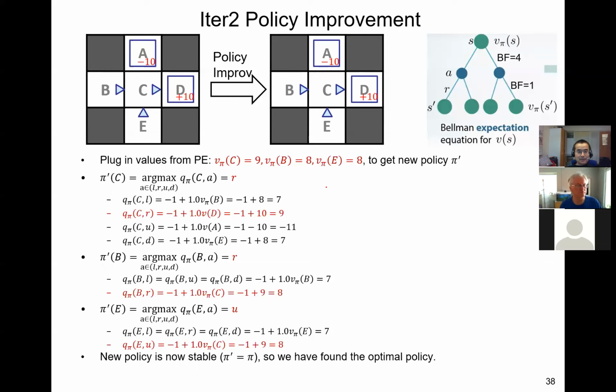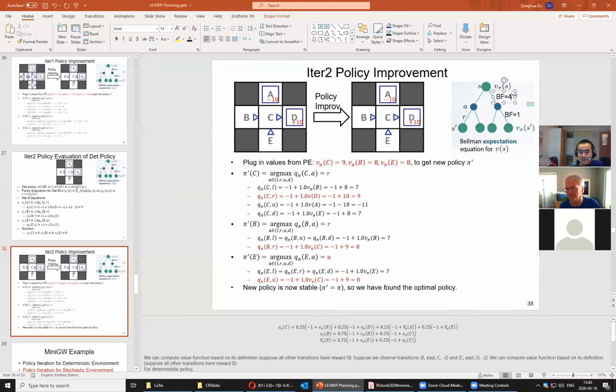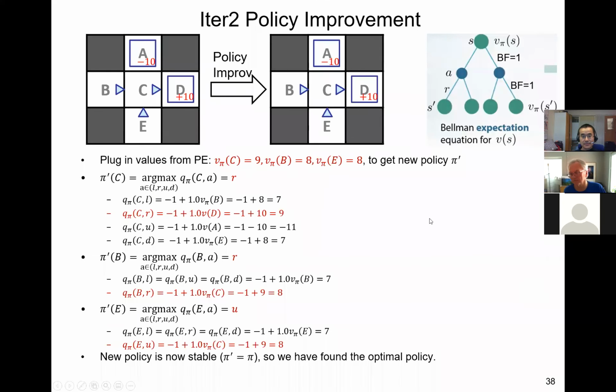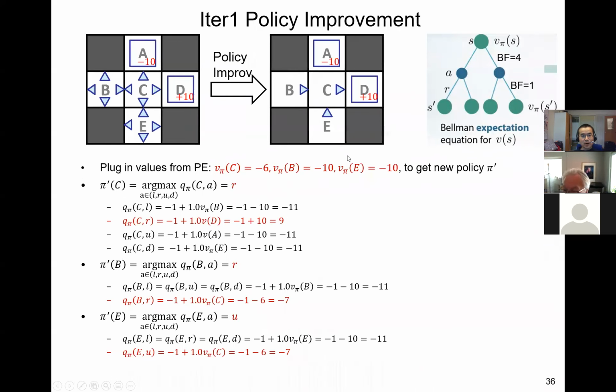So now we have run 2 iterations of policy iteration, and the policy has stabilized. Sorry, here's another typo. Branching factor here is 1. This policy is the same as the previous iteration's policy improvement.